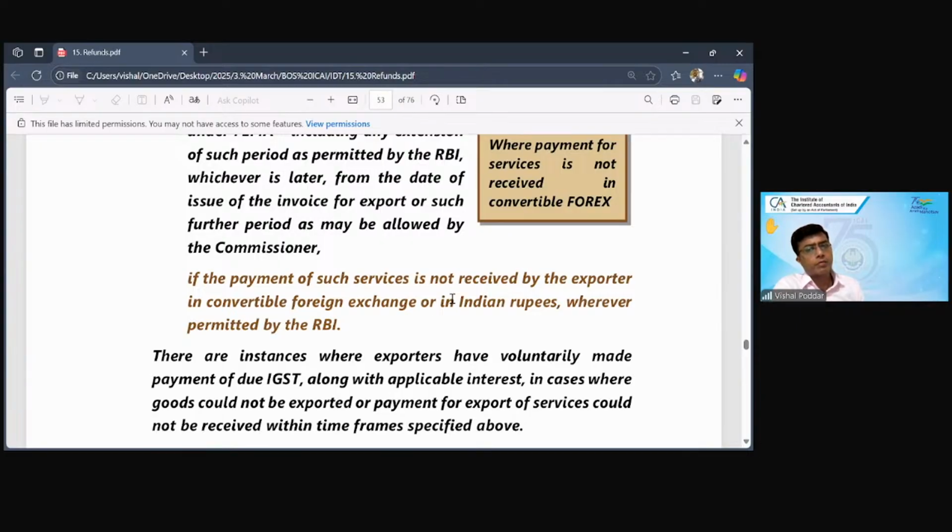So the second case where I will ask you to return the refund amount with interest is when, even after the expiry of the period allowed by FEMA and even the extended period allowed by RBI, you have not received the money. See, students, please understand.